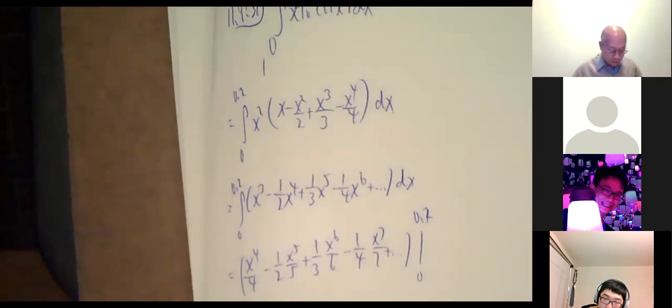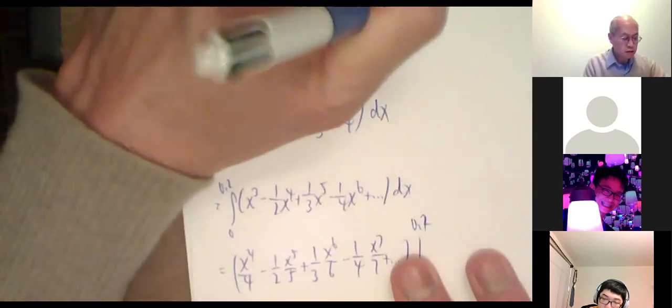I forgot to write down how many decimal places they want for this. Six decimal places, which means 10 to the minus 6 accuracy. Okay, plug in 0, you get 0.